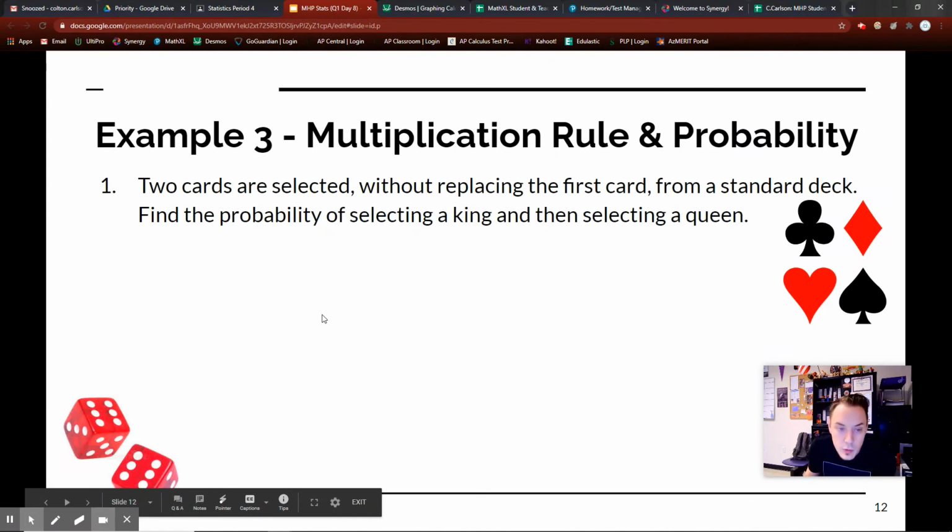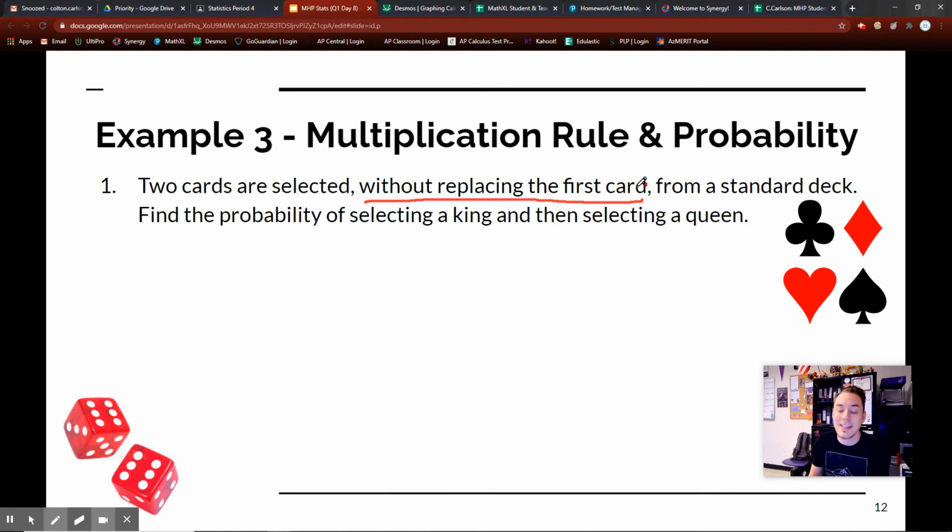First example, two cards are selected without replacing the first card. So if I don't replace the first card, does my total change in my deck? You should all say yes, which means this is what we call dependent. Okay, so I'm going to write that down. That's my first step. I know it's dependency. My second step is to find the probability of selecting a king and then selecting a queen.